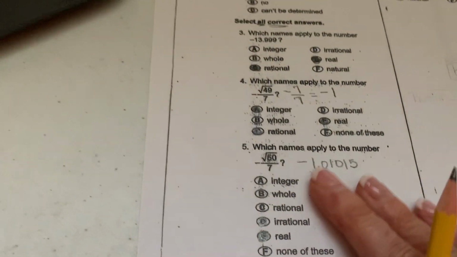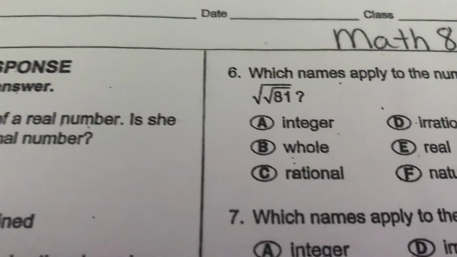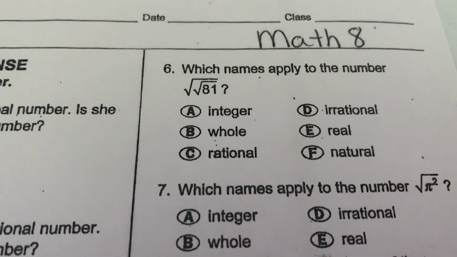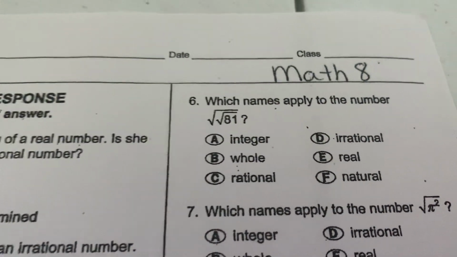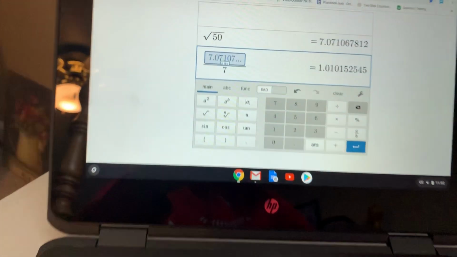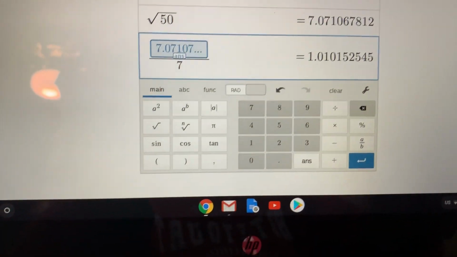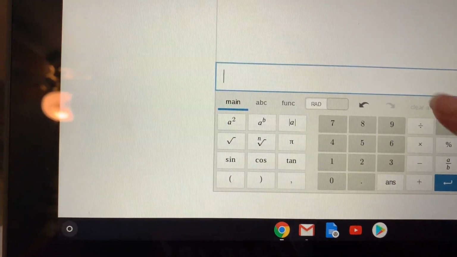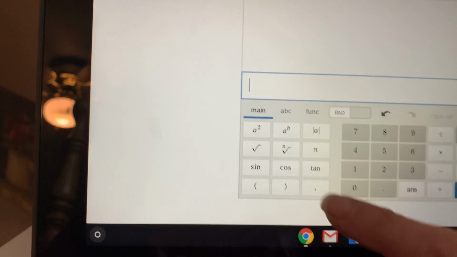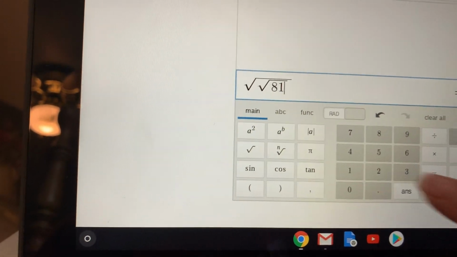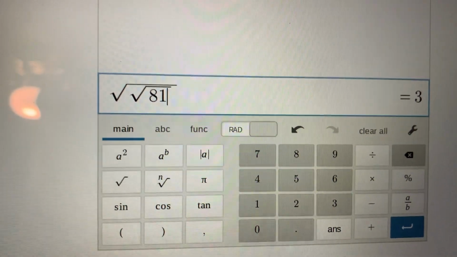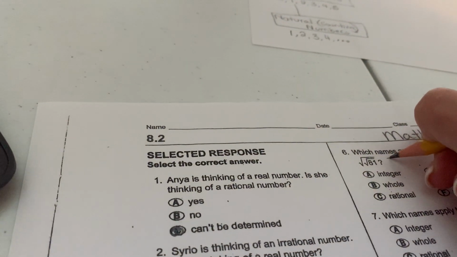All right, number 6, 2 more to go. So for number 6, it says, which names apply to the number, the square root of 81? So let's go back to our calculator and let's clear this out, clear it all, and we're going to do the square root of 81, and we get 9.